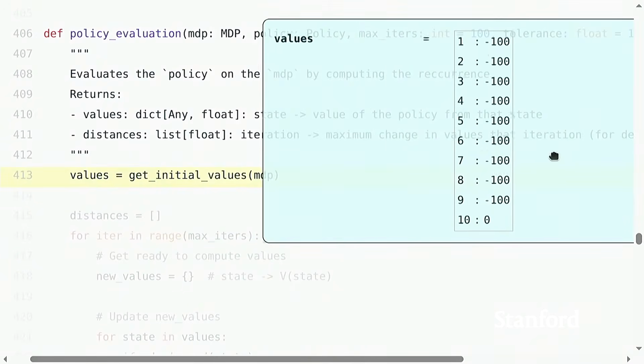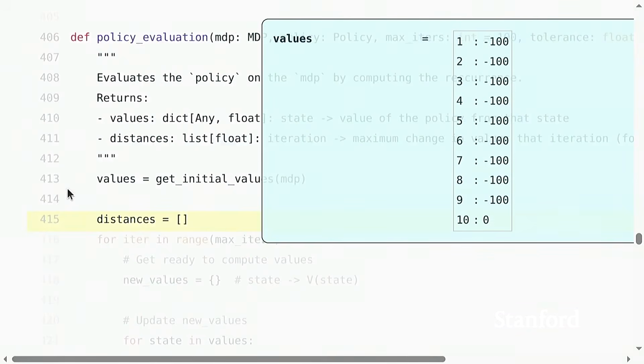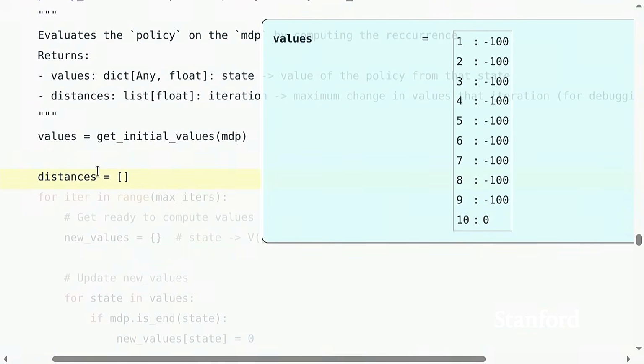First, I initialize the values. Every state is assigned an initial value, which is 0 if it's an end state, and minus 100 if not. This array is going to keep track of the distances between successive iterations to see how much progress we're making.